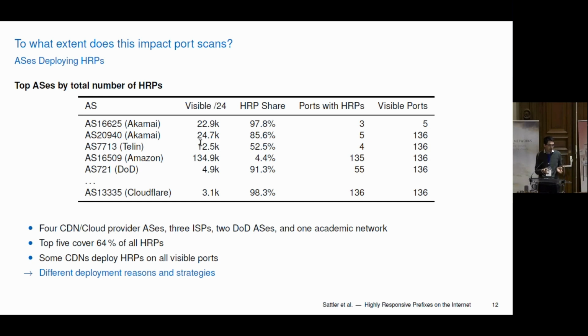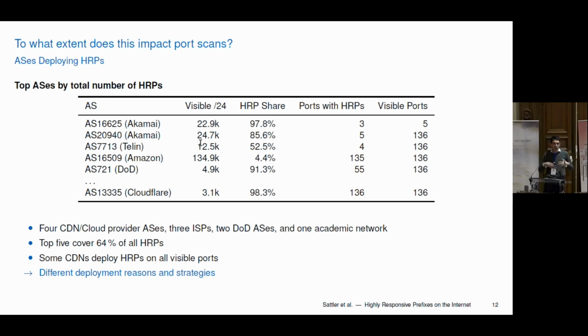For example, Akamai has only 3 and 5 ports where we actually see highly responsive prefixes. But for at least the second AS, we see prefixes in all evaluated ports. In comparison to this, Cloudflare and Amazon deploy highly responsive prefixes basically on all evaluated ports.